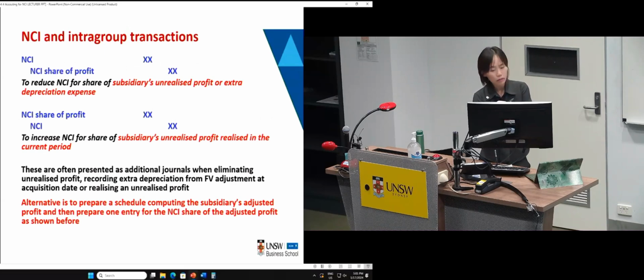Now, general rules: if the elimination entry reduces the subsidiary's current year profit, then we debit NCI decrease, because NCI's share of subsidiary profit also decreases. And if the unrealized profit is realized in the current year, then as a result the subsidiary's current year profit increases, and we need to debit NCI share of profit and credit NCI.